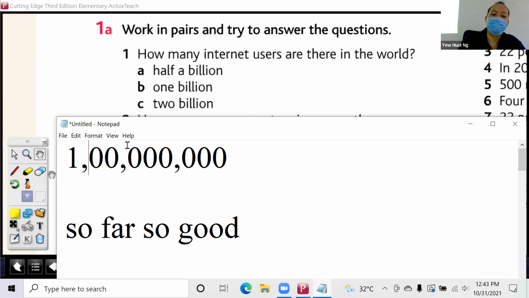China has 1.4 billion people. India soon will be as many as China.